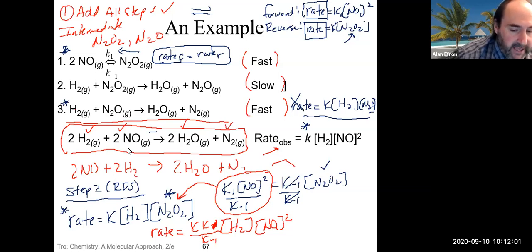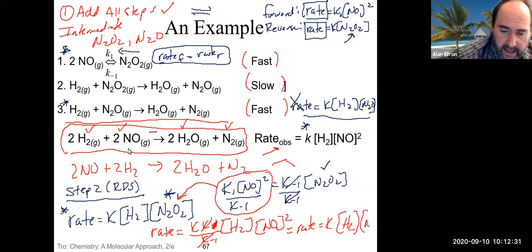Now, all those K's there are really the rate constant, which means, although we don't really know what the value of that is, we do know that they are the same number, which essentially means that two of them here will cancel out. And what you'll be left with is the rate is equal to K H2 and NO squared.